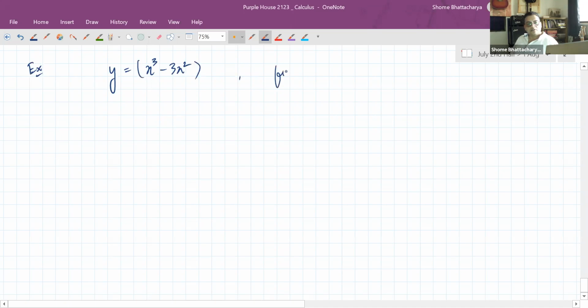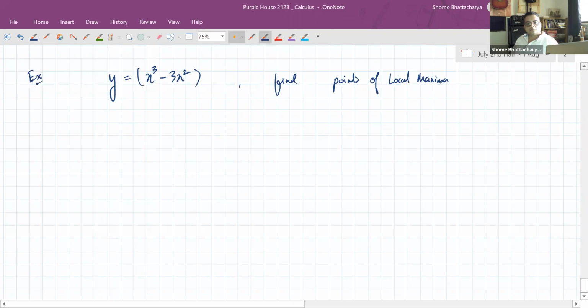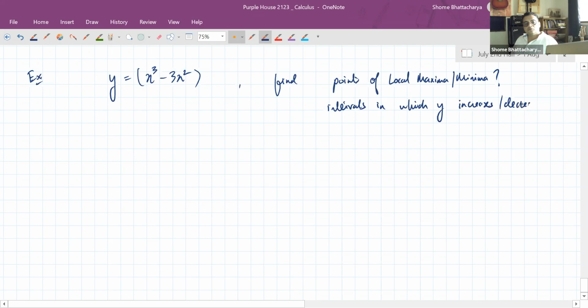Now we have to find the intervals in which y increases or decreases with respect to x.